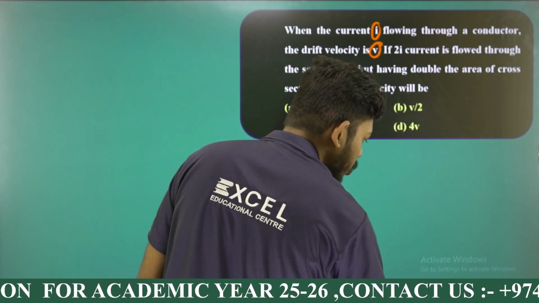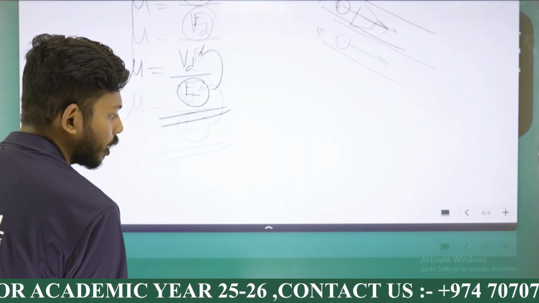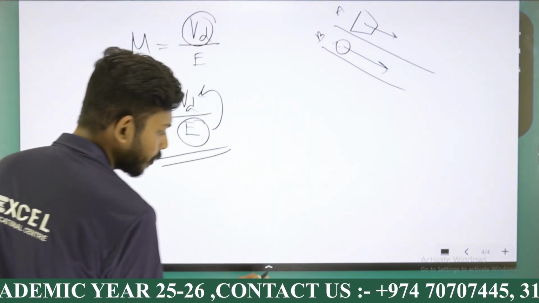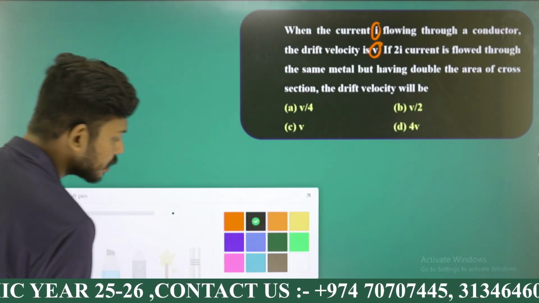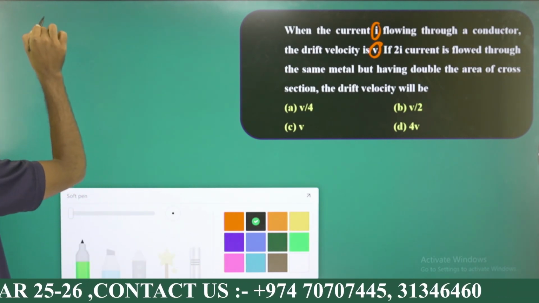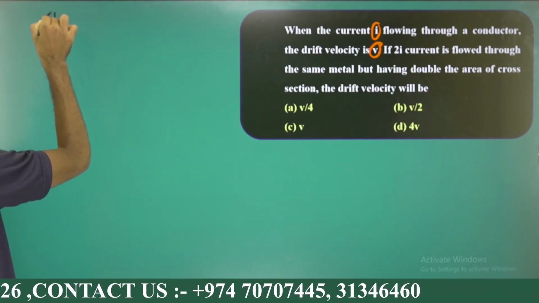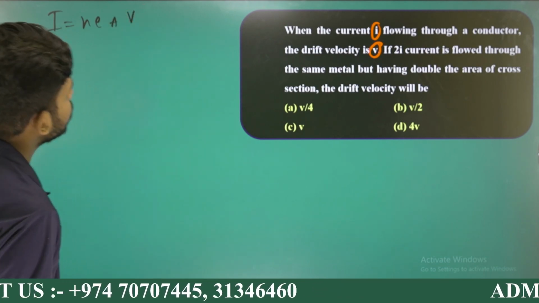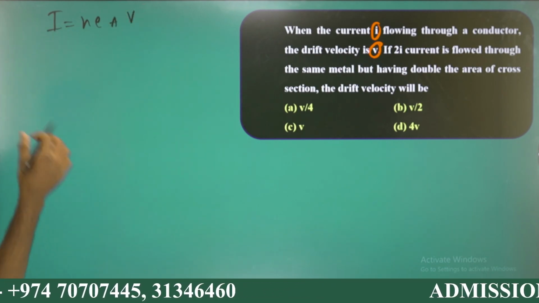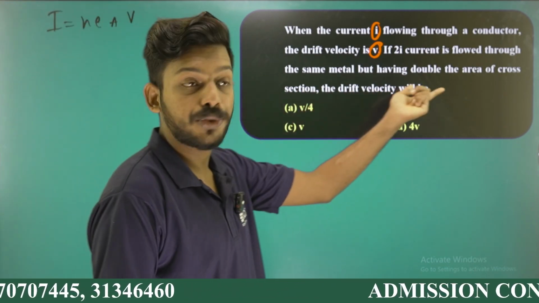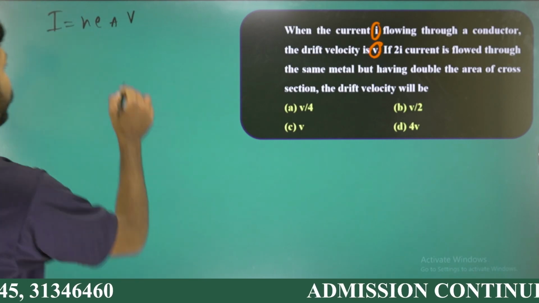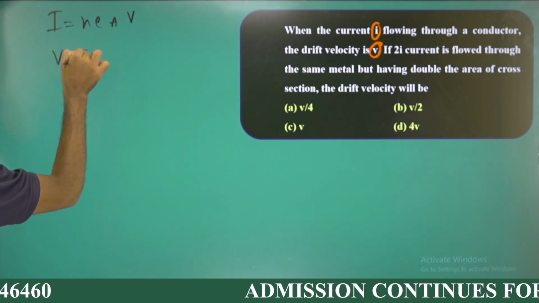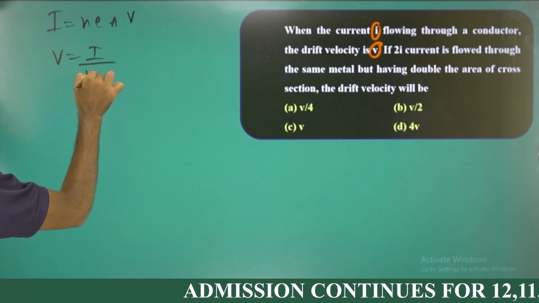So I'm going to connect these two equations first, current and drift velocity. So the question is, what about the drift velocity? In the first case, drift velocity V is equal to I divided by NEA.